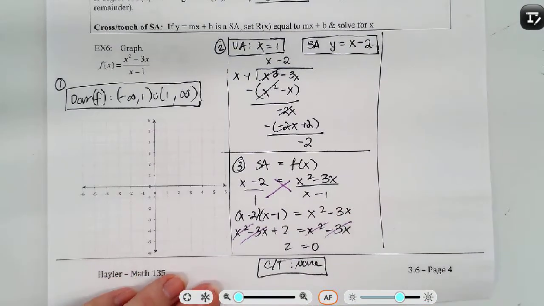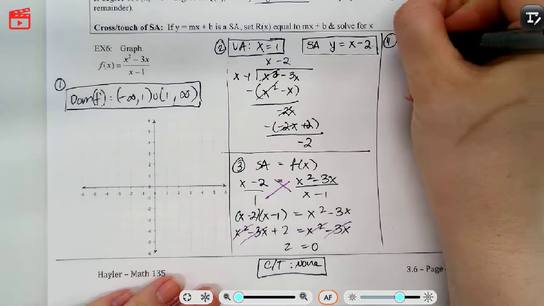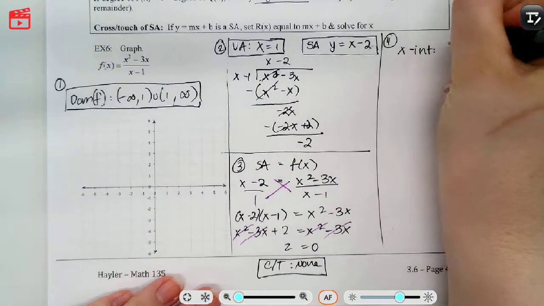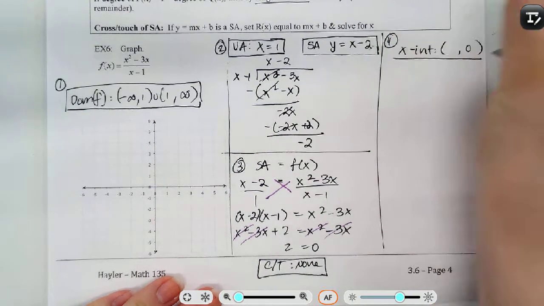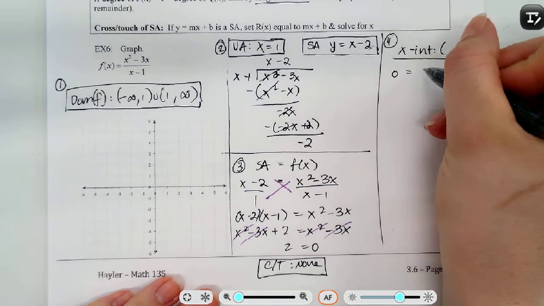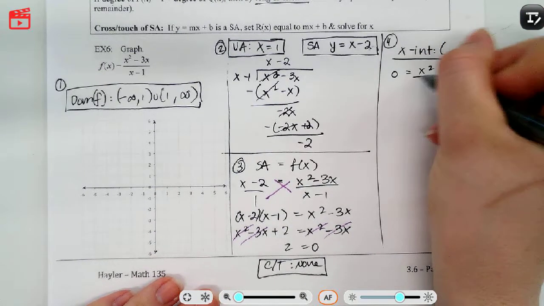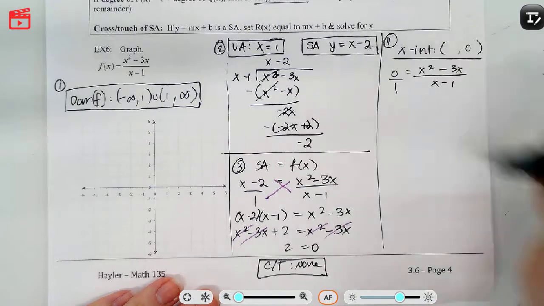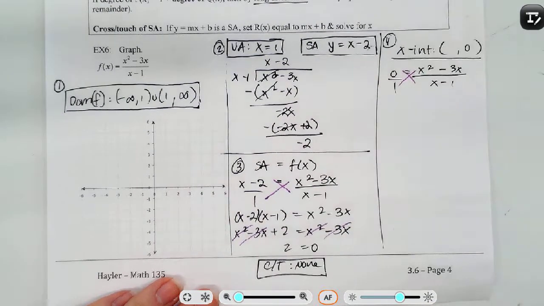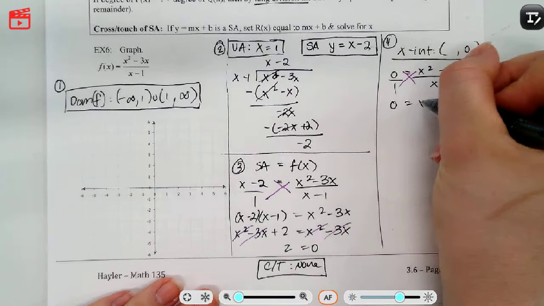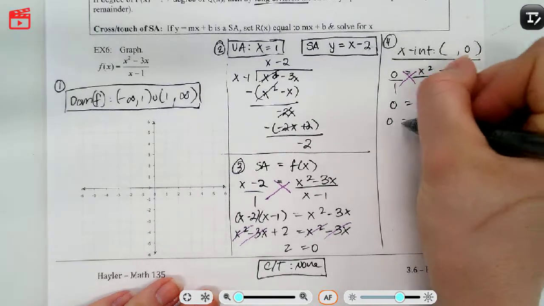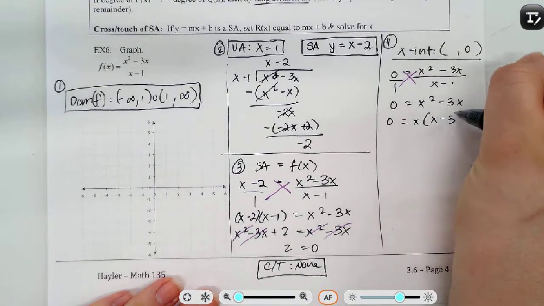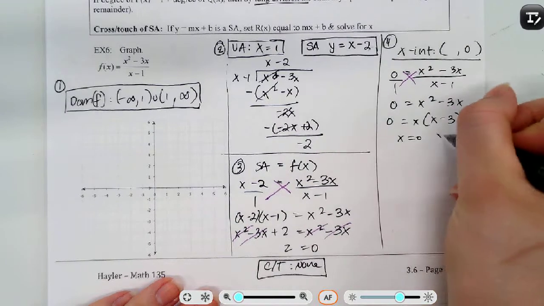All right, next step, x-intercepts. Okay, let's cross multiply to solve for x. Ooh, looks like we have 2.